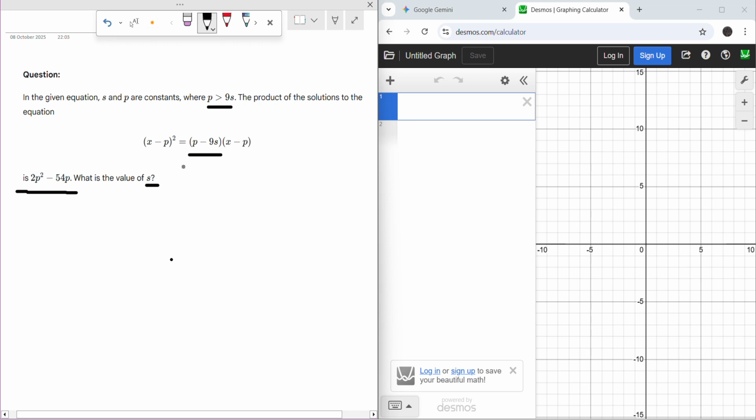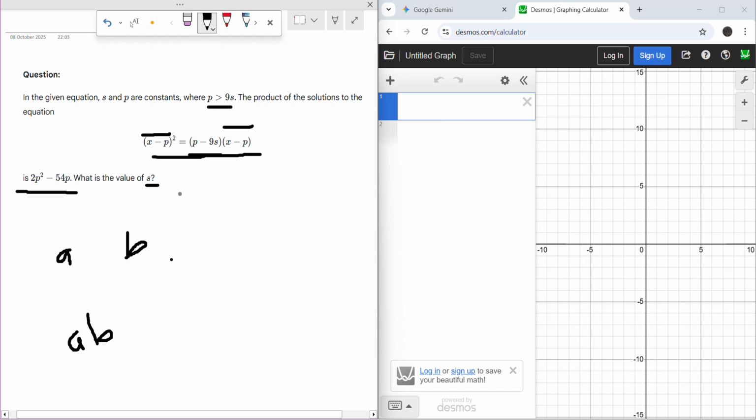Let's assume this is the equation and there are two solutions, A and B, and we know the product, which is AB. Because here is also x minus b and here is also x minus b, one solution is b.